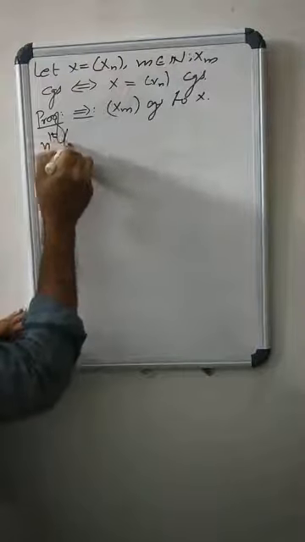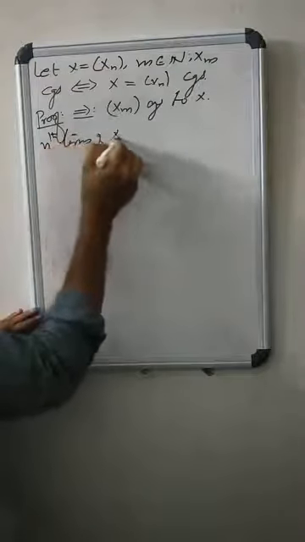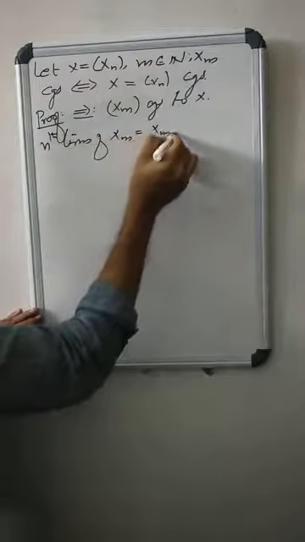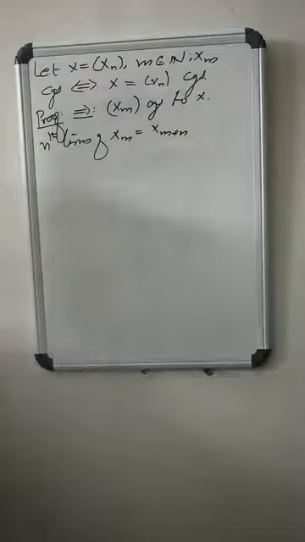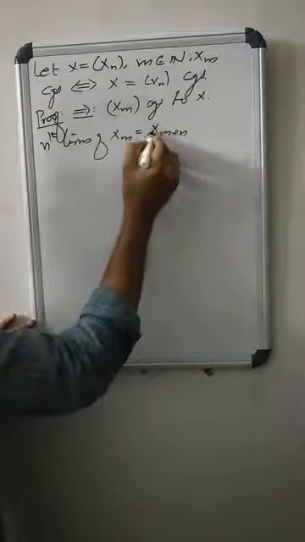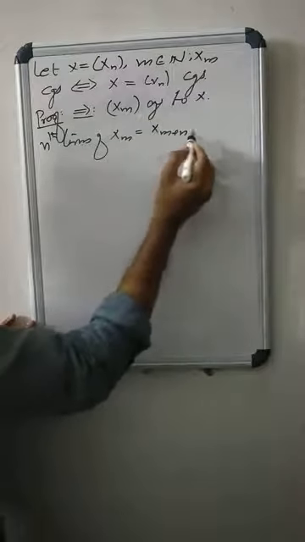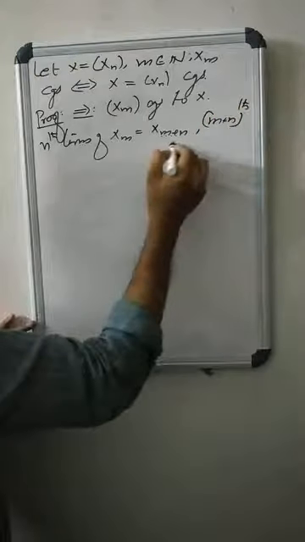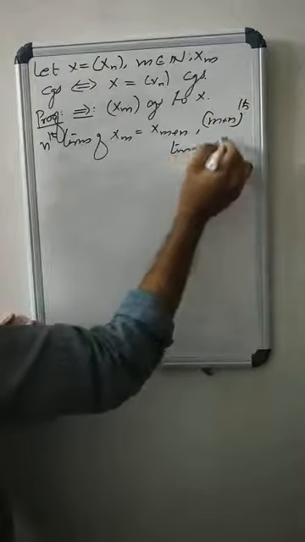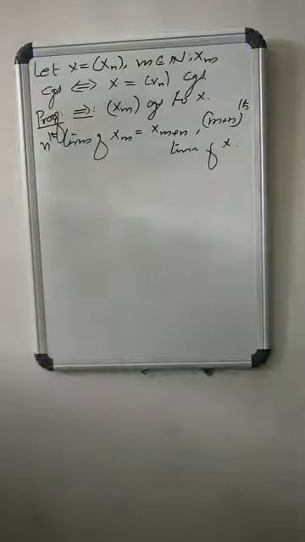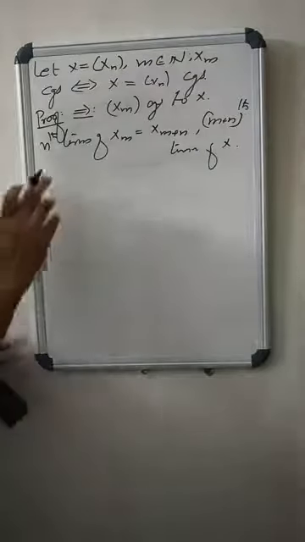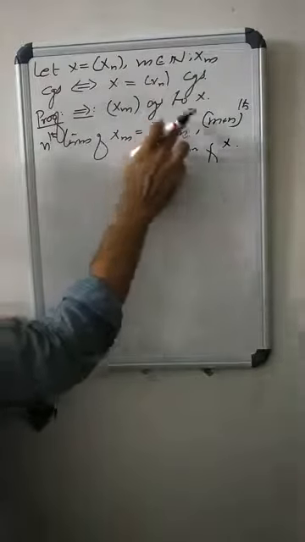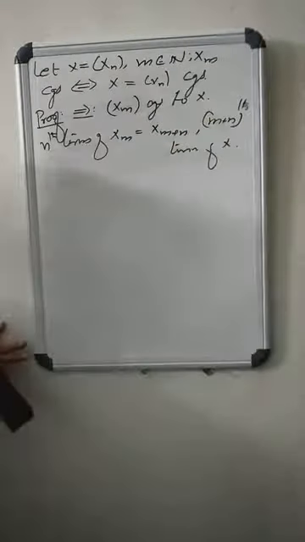The nth term of xm is x(m+n), which is the (m+n)th term of x. So the (m+n)th term of x is the nth term of xm.